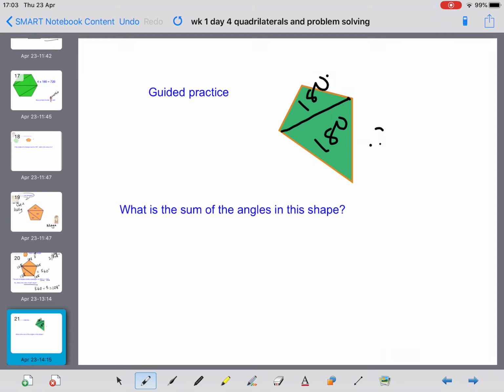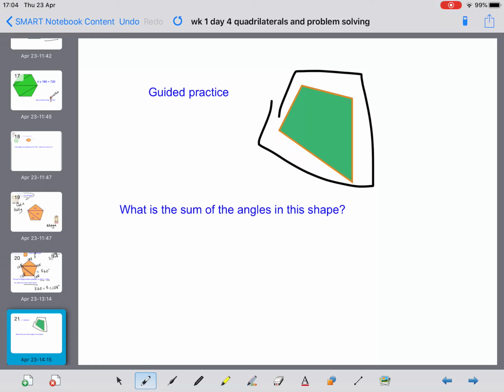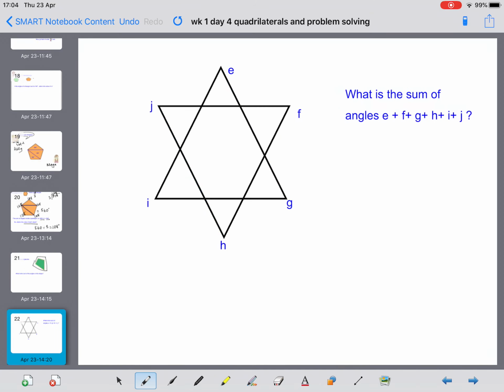You can have 180 and 180, which give you 360 degrees. It is also, of course, a four-sided shape. So a quadrilateral has four sides and the angles of a quadrilateral add up to 360.